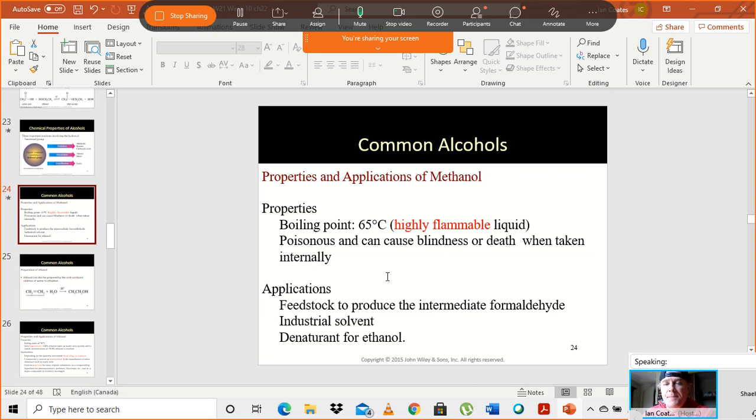Properties and applications of methanol. This is nasty stuff. It should never, never, never be taken internally. Blindness and death. Deadly poison stuff. Boils at 65 degrees. Applications: feedstock, industrial solvent, and a denaturant for ethanol. This is not going to be on your test other than some silly little question there.